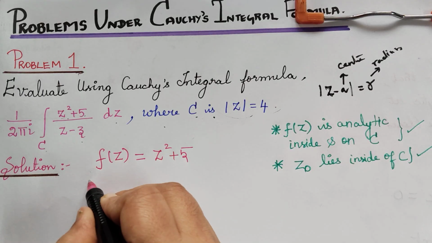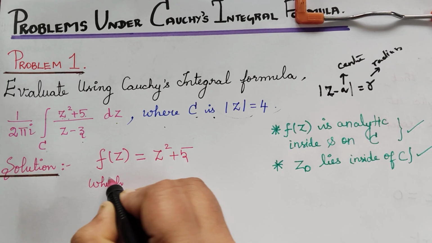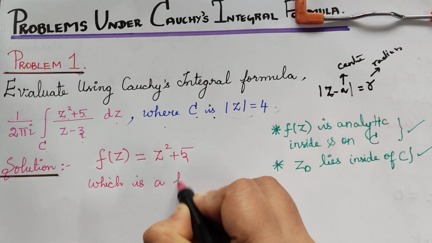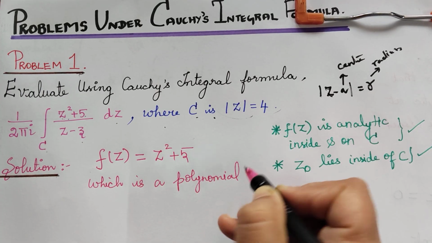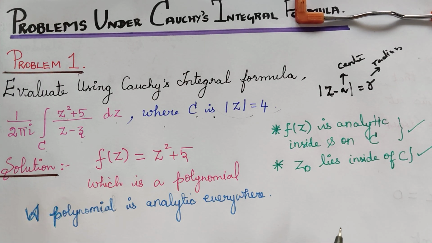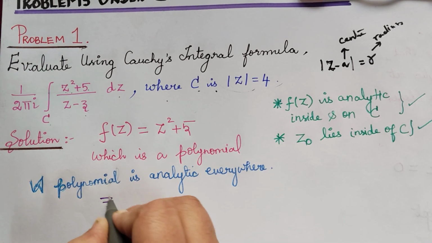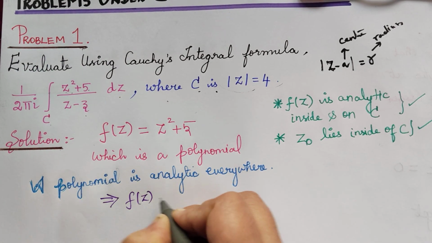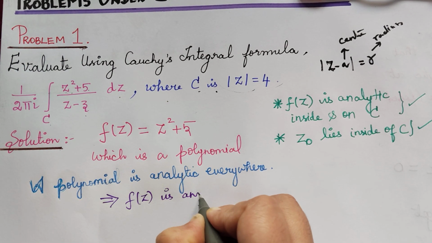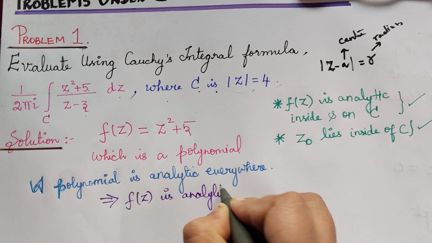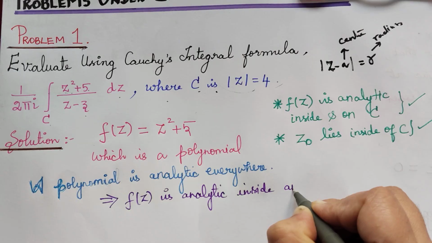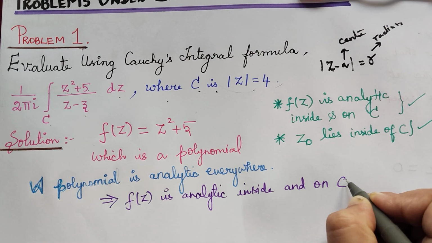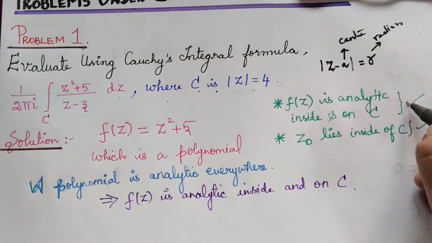This is a polynomial, and a polynomial is analytic everywhere. So f of z is analytic inside and on C. The first condition is satisfied.